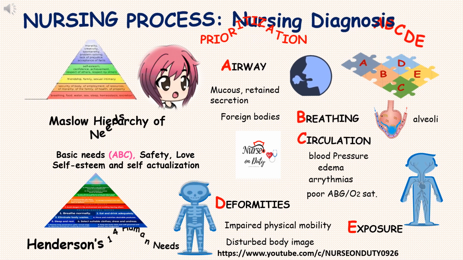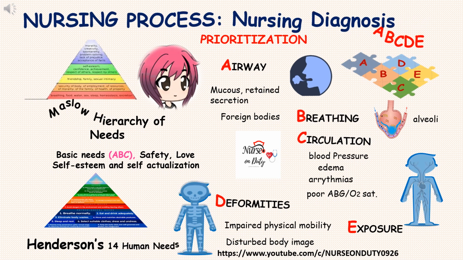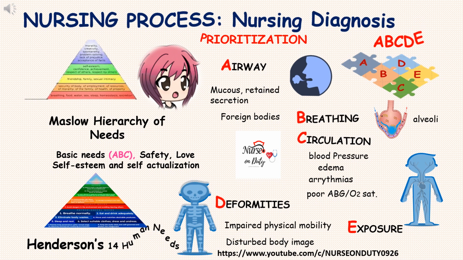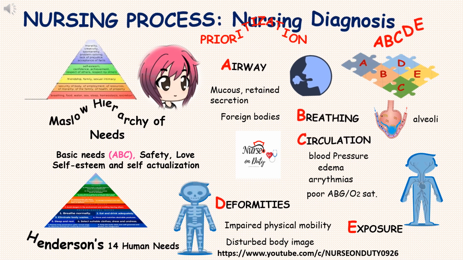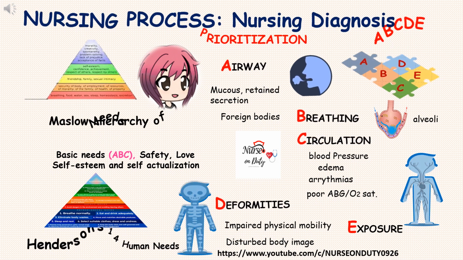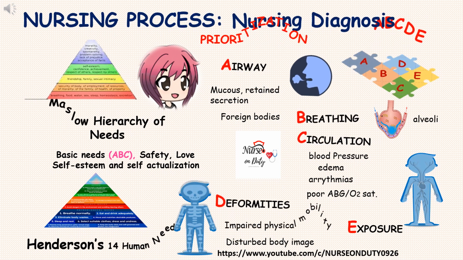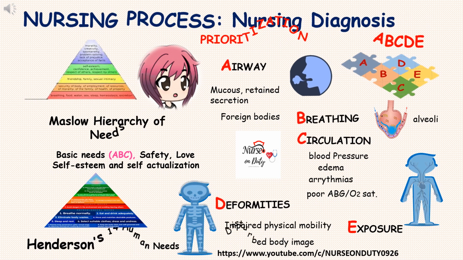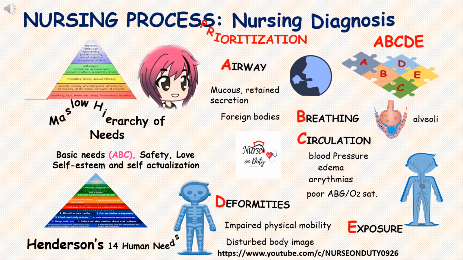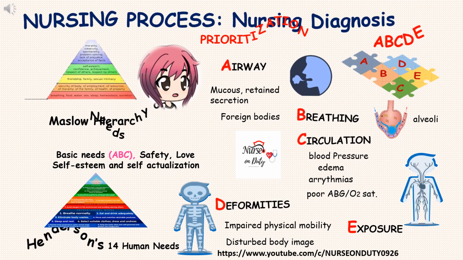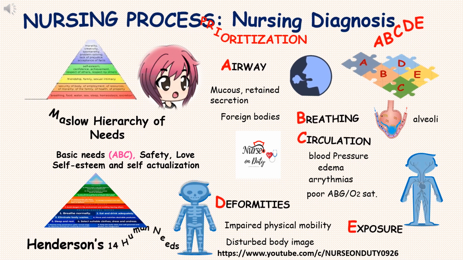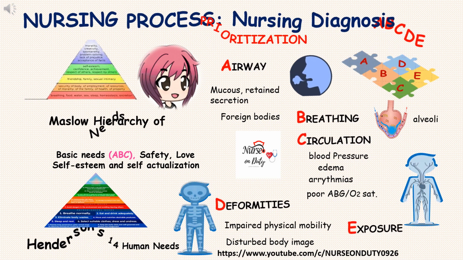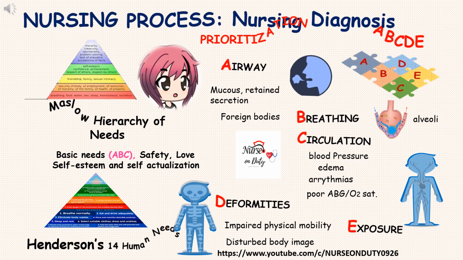So mayroon siyang alteration sa heart, poor ang kanyang capillary refill, and poor din ang kanyang ABG or even yung kanyang oxygen saturation. So, sa disability, if yung patient is unresponsive, or yung alertness ng patient, yung voice responsive, yung pain responsive, if yung patient is mayroong impaired physical mobility or impaired bed mobility, or impaired walking. Yun yung mga sample ng disability. Sa exposure naman, if yung patient merong frostbite, meron siyang burns, ito yung nakafocus ang assessment sa skin color ng patient.